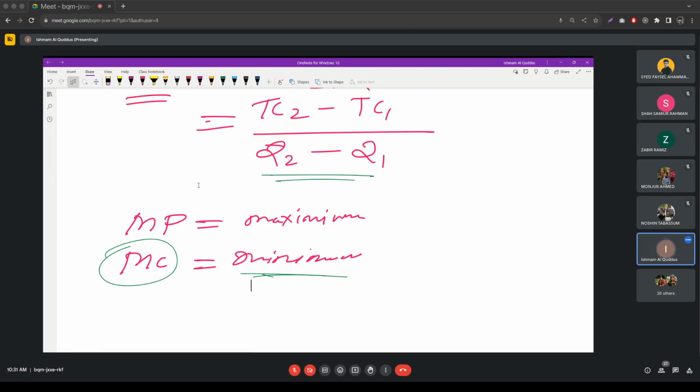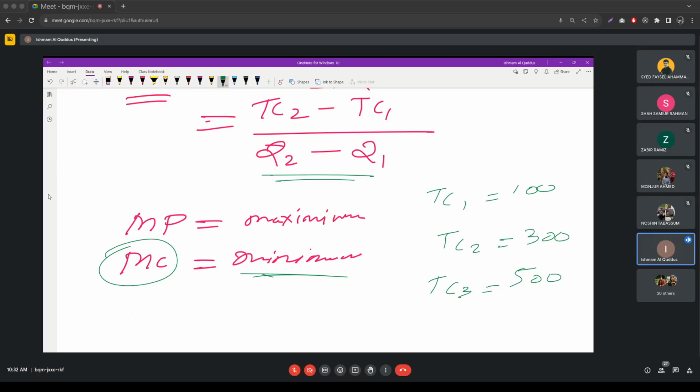These are two different things. When we say minimum cost, it can be just simply in terms of cost level. For example, we have total cost 100, total cost 300, total cost 500.